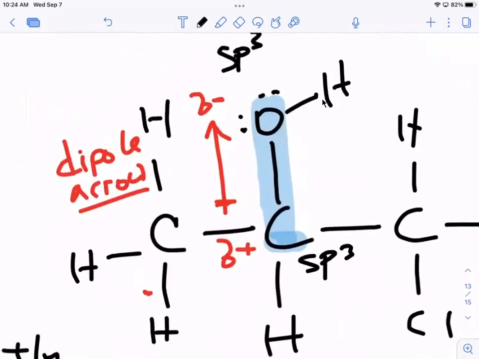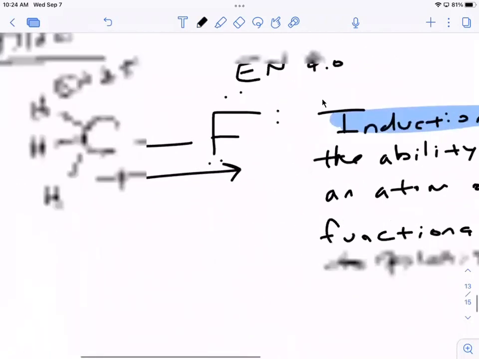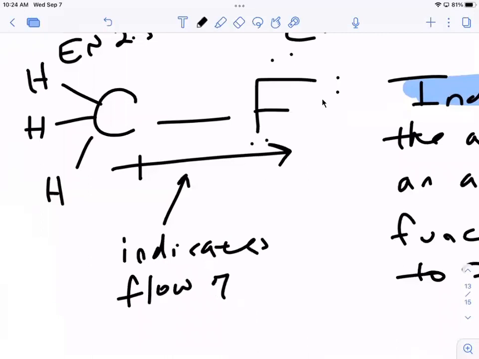Anytime we have a polarized bond, we can show it by putting in a dipole arrow. The dipole arrow is indicative of the flow of electrons.